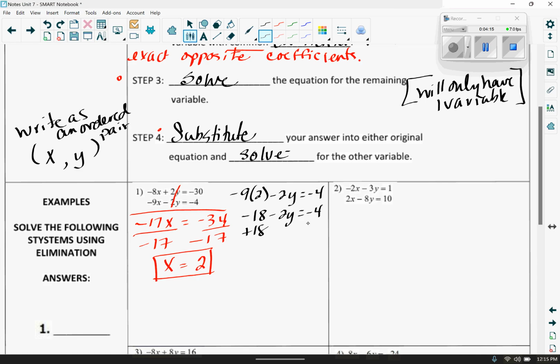Add 18 to both sides. Negative 2y is equal to 14. And divide by negative 2. So y is equal to negative 7. So my ordered pair is going to be 2, negative 7.